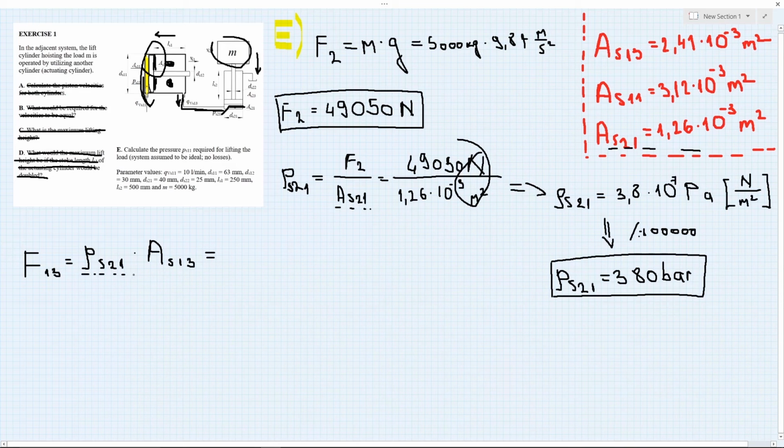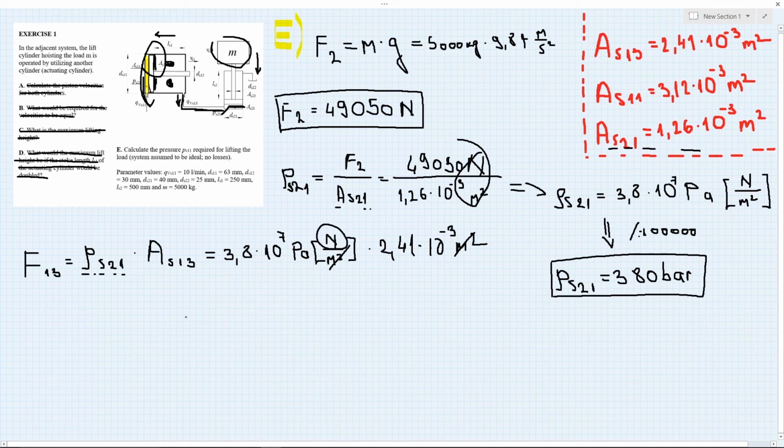Of course, we have to put the pressure in pascals now because we are calculating the area in meters squared. So we have 3.8 times 10 on the 7th pascals, or newtons per meter squared, times 2.41 times 10 on the minus third meters squared. And we can do this.